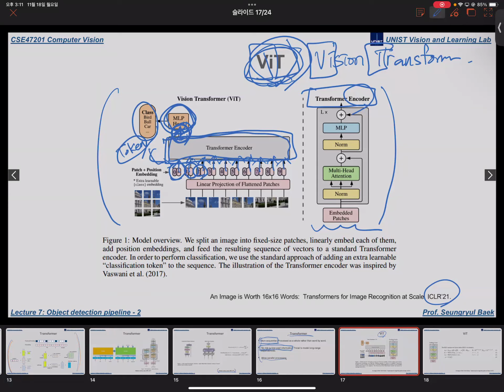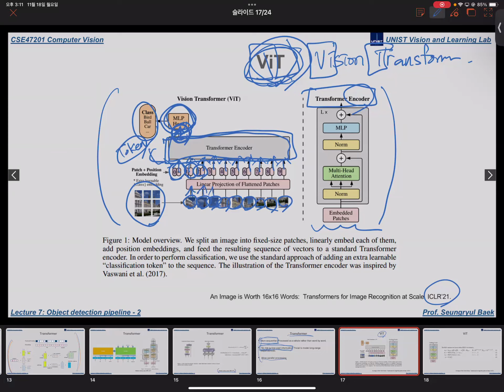Okay, and the input looks like this. Given an n by n image, we make some grid and divide the image into some patches. If the image is n by n, we will get some d by d patches. And each patch looks like this, okay?